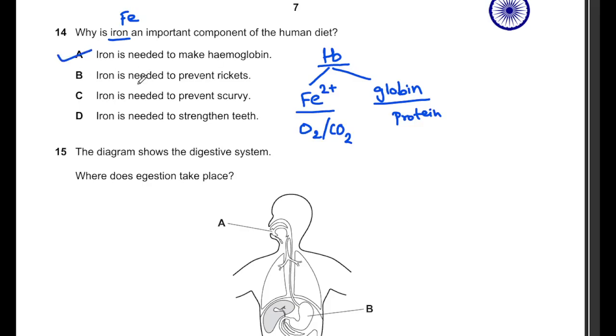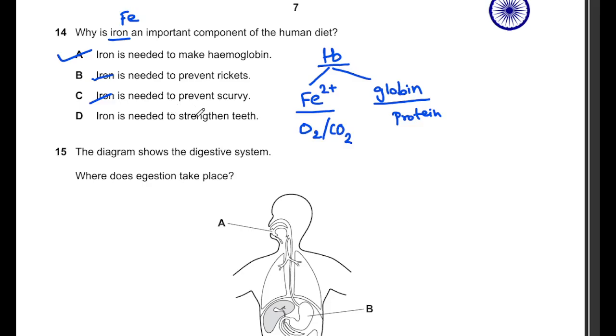But what are these other options? Iron is needed to prevent rickets. For rickets, which type of component do you require? Is it calcium or is it milk? What is needed? Scurvy, vitamin C, right? Option C, vitamin C deficiency can be cured by this.